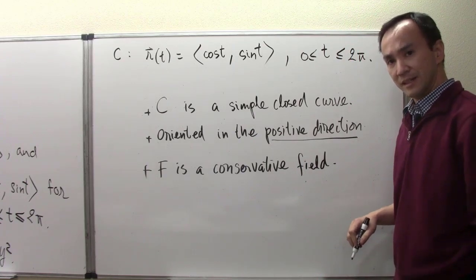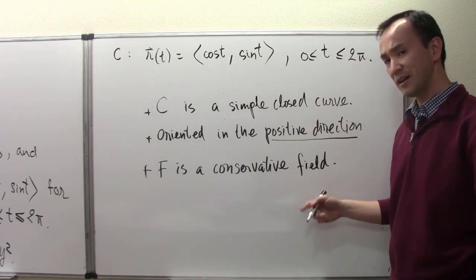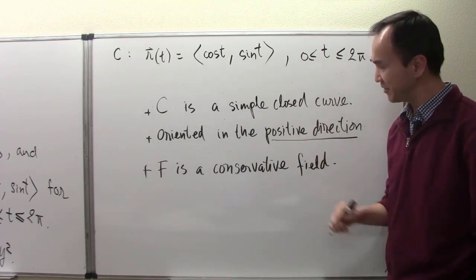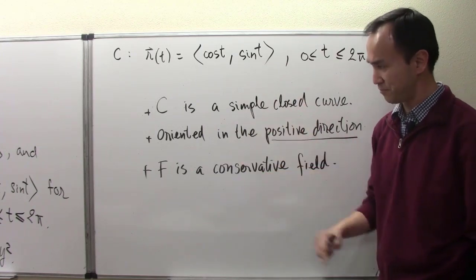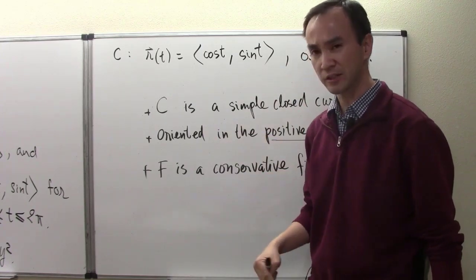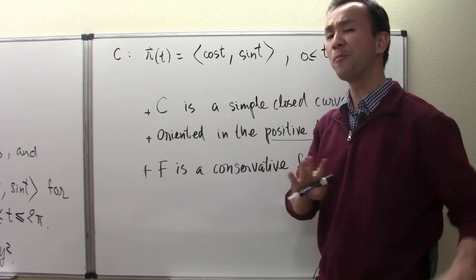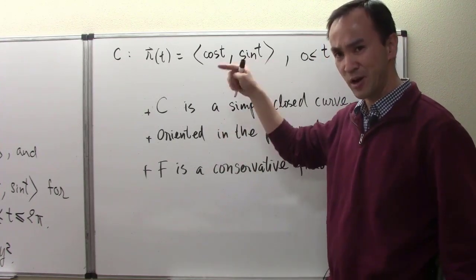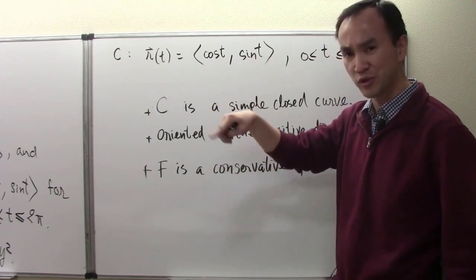So now let's get the problem done. We pinpoint these 3 characteristics. The whole point is I'm trying to bypass calculating this line integral using parameterization.